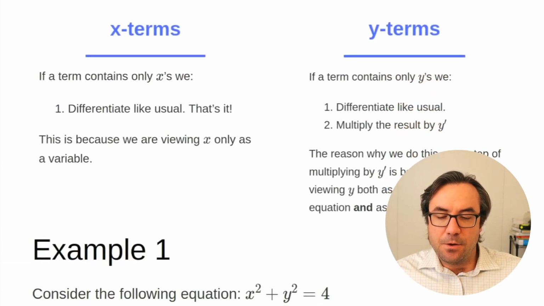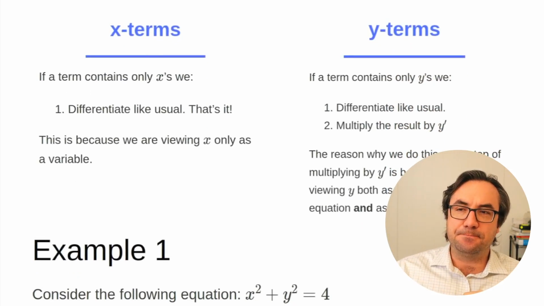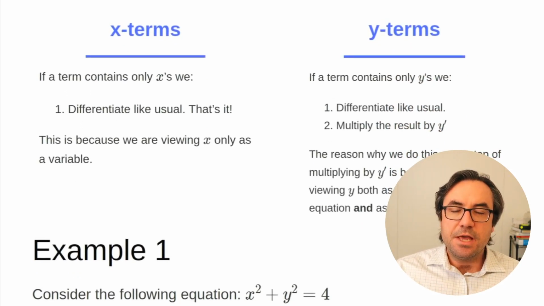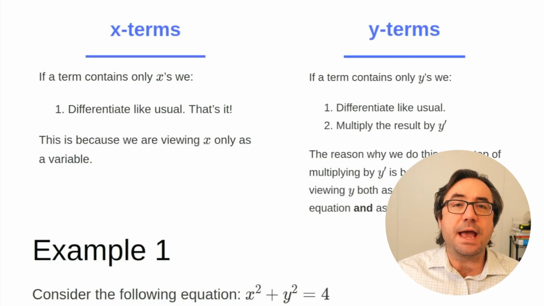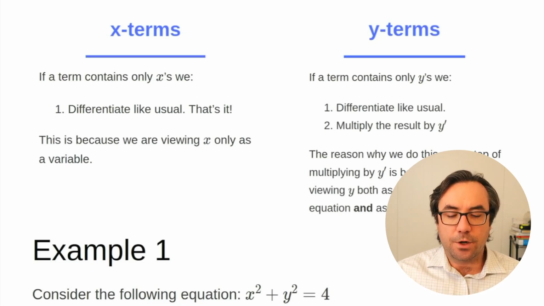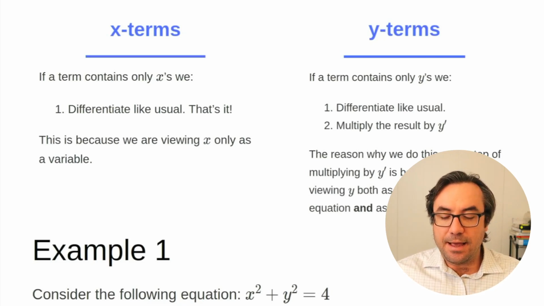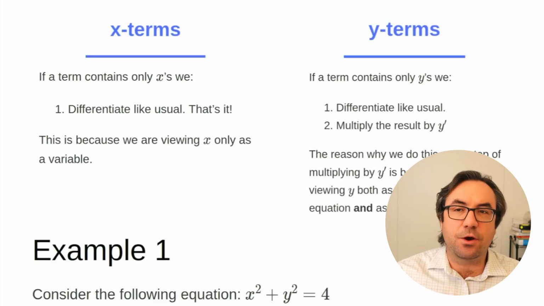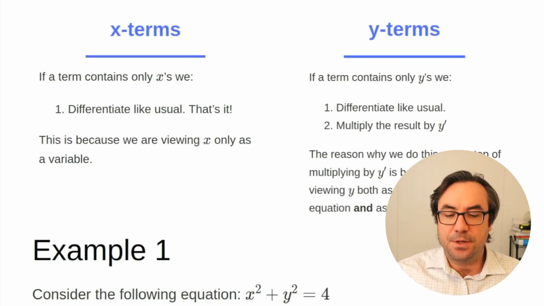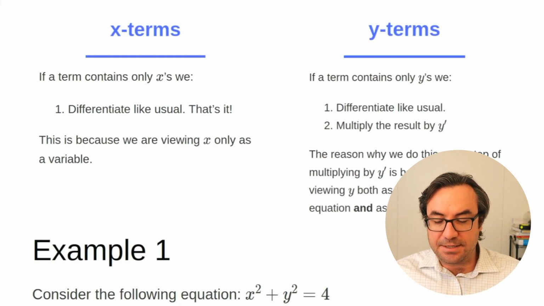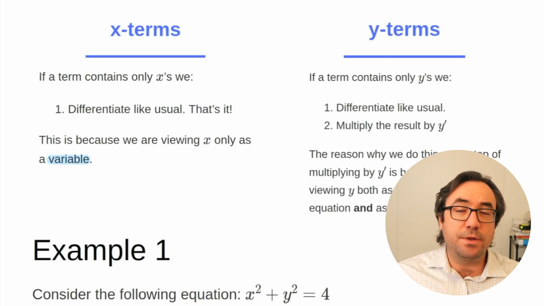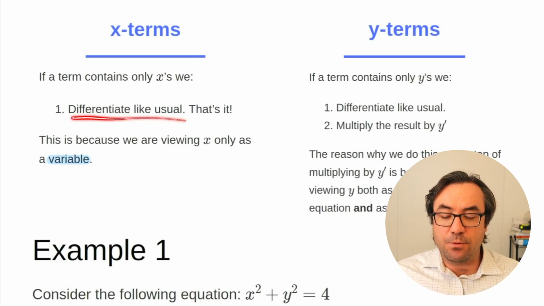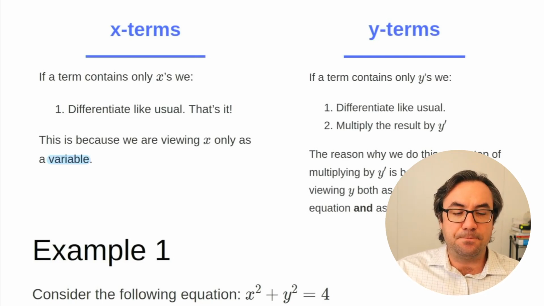But while we're differentiating, if we have a term that has only x's in it, we're going to be treating our x just like a regular variable. So if we have only an x, well, x is only a variable, so when we go to differentiate, we're going to differentiate it just like usual.